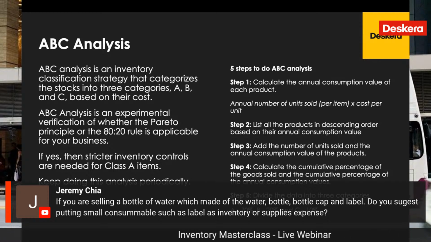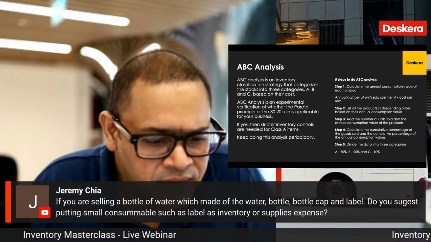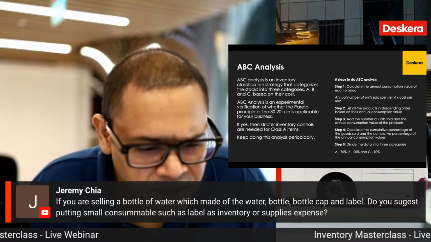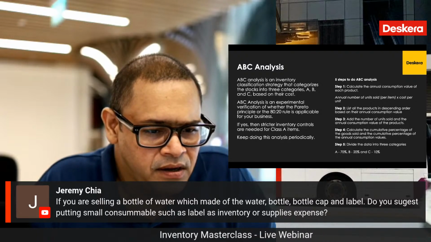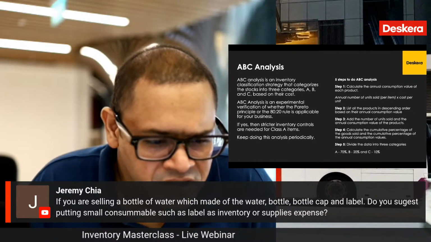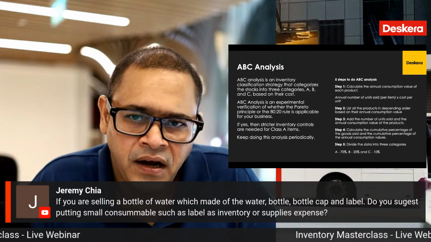Okay, so we have a question. If you are selling a bottle of water, which is made of water, bottle cap, and label, do you suggest putting small consumables such as label as inventory or supplies expense?